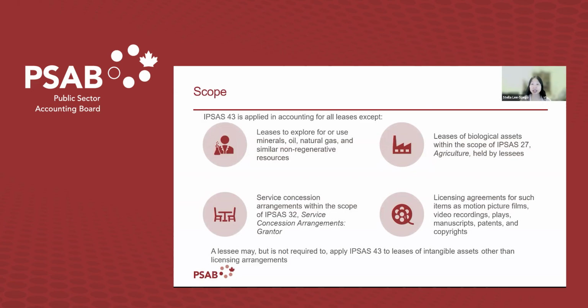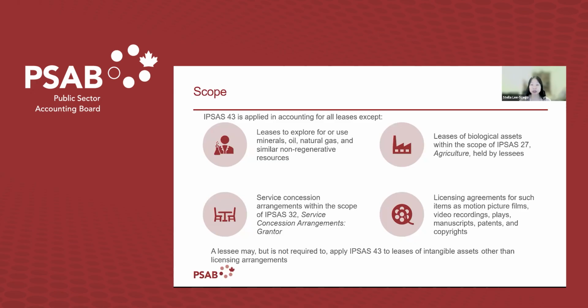In fact, extracts of IFRS 16 have been reproduced in IPSAS 43 with the permission of the IFRS Foundation, meaning that the core principles of lease accounting under IFRS 16 also apply under IPSAS 43 while still addressing public sector specifics. And this is what we will be exploring in more detail in this part of the module.